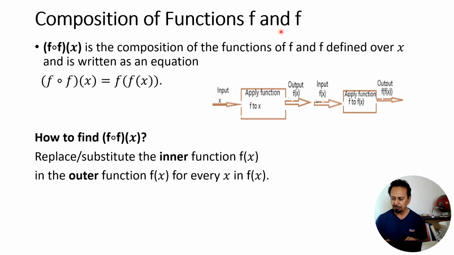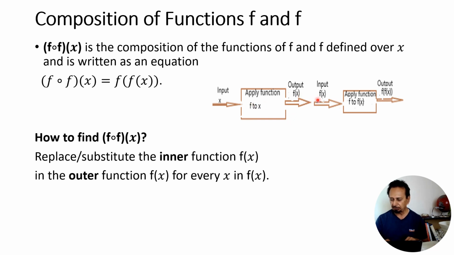Composition of functions f and f. Now we define f circle f over x as the composition of the functions f and f defined over x, and we write this as the equation f circle f of x is f of f of x. So imagine x is the input to the function f, and we apply the function f to x and get f of x.